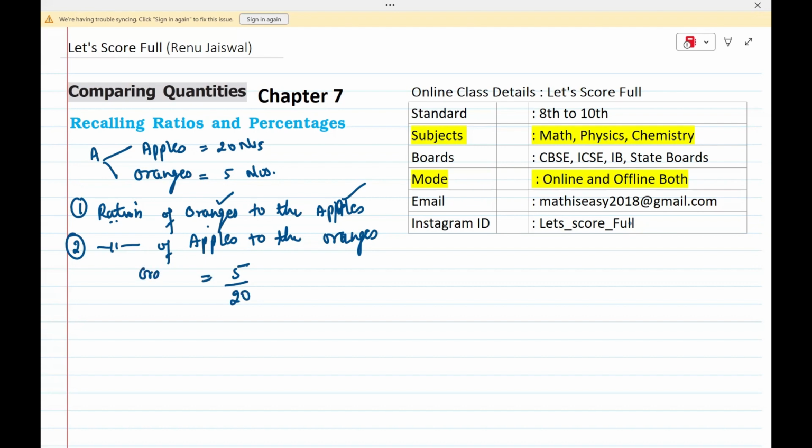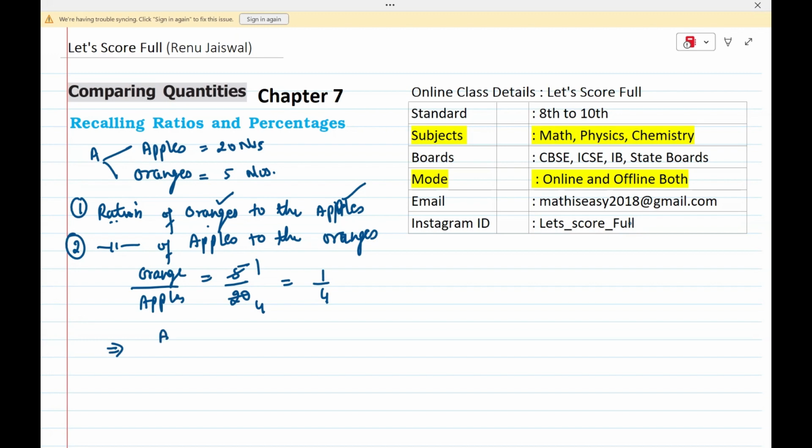So the ratio of oranges upon apple, you can simplify it by cutting: 5 ones are 5, 5 fours are 20. Ratio is 1/4. From the same thing, you can calculate the ratio of apples to the oranges, but in this case the apple will come to the numerator and orange to the denominator.